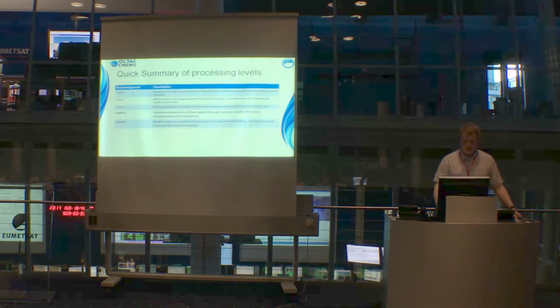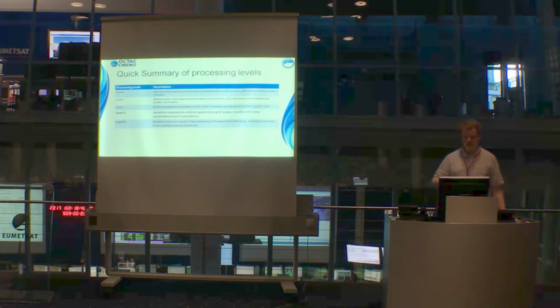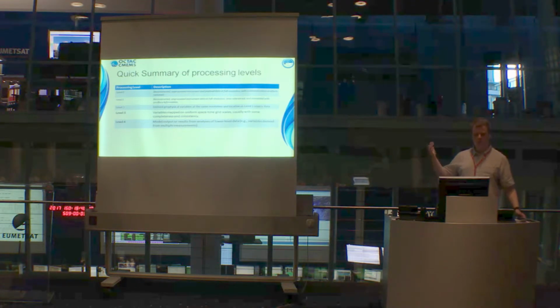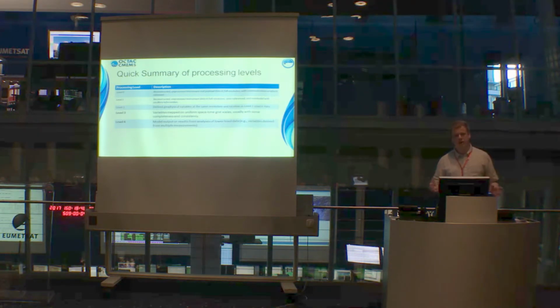So this is shamelessly stolen from the NASA website. But essentially, level 0 is what we receive from the satellite, with some communications artifacts removed. And then at level 1, we have started to add some ancillary data and time referencing to make it actually useful in terms of applying it to science.